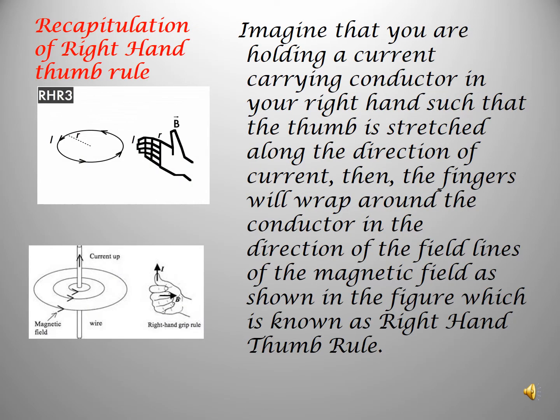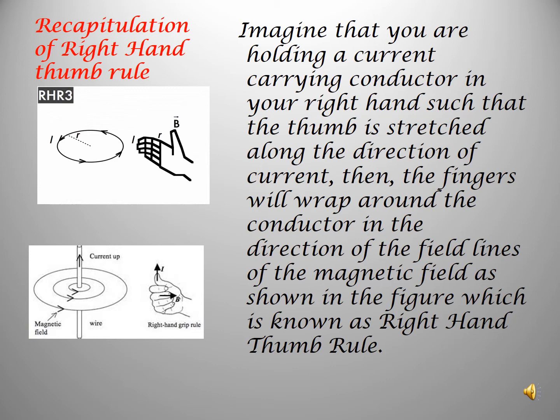How do we find out in which direction the magnetic field lines will be aligned? Yes, with the help of right hand thumb rule. Imagine that you are holding a current carrying conductor in your right hand such that the thumb is stretched along the direction of current.